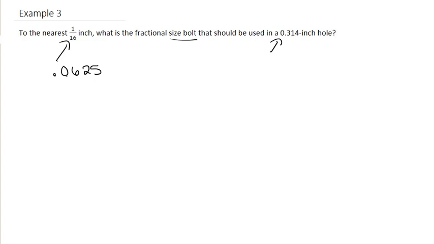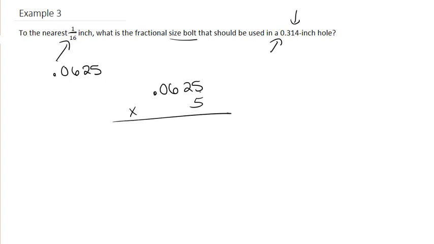So if we keep adding 1/16 plus 1/16 plus 1/16, we're trying to get to a decimal close to 0.314. Instead of adding every time, we can just go ahead and multiply. So let's multiply by 5.